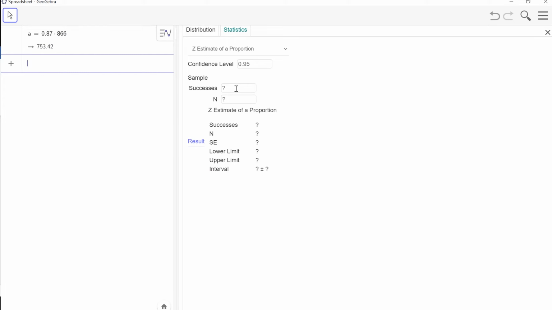I will round that to the nearest whole person and plug in 753 out of 866 for Lithuania. This will give me a lower limit and an upper limit for a confidence interval. Be sure to include a picture of this output for the confidence interval, and also make sure you interpret the confidence interval you find. Reminder, you will do this for both countries from section A.